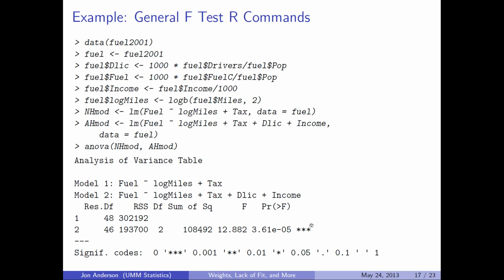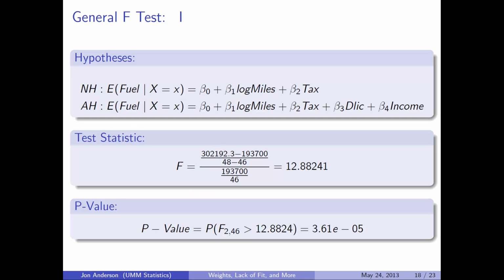So using the output that we're getting here on overhead 17, we can construct the F test in pieces like this. We have the null hypothesis, we have the alternative hypothesis models, and then we plug into the formula for the test statistic.